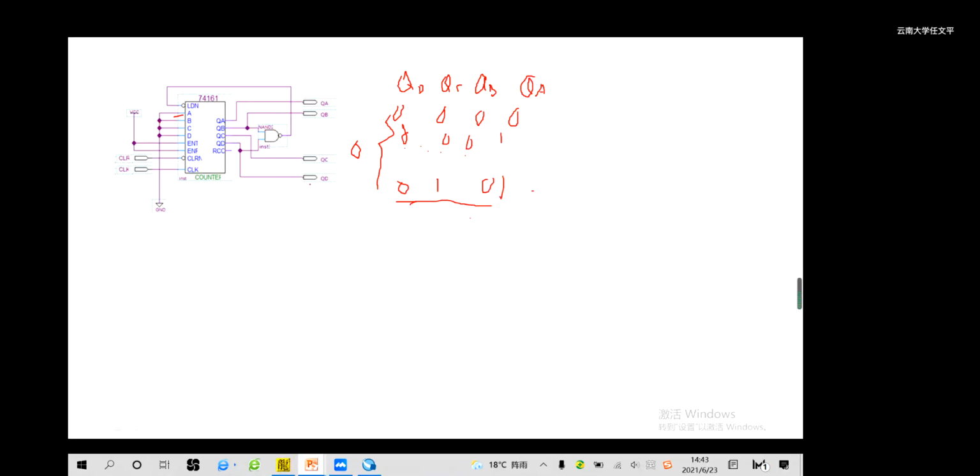Look at this. When the output signal is 0101, this one and this one, QC and QA. Oh wait, this is not a 6 value counter. This is 1010, and a connection like this is an 11 value counter.